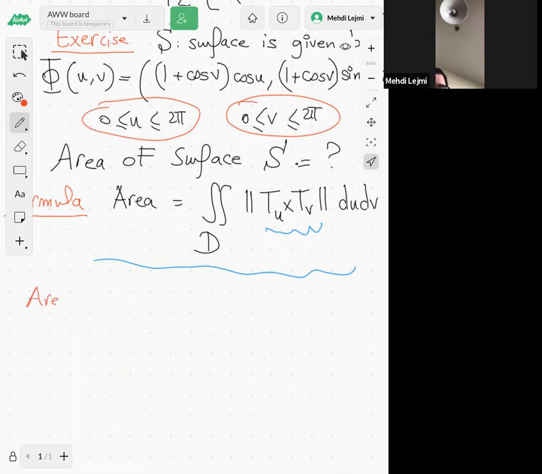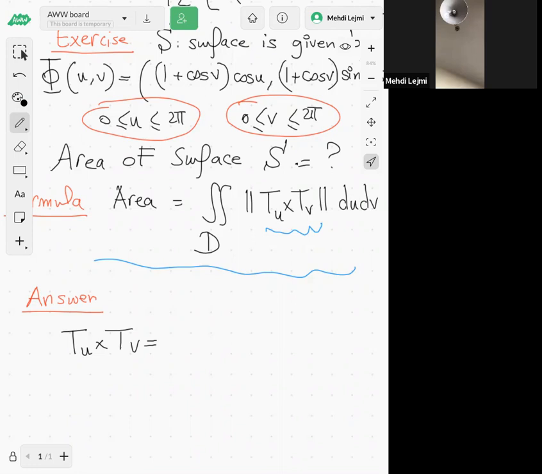So for the cross product, if I'm not mistaken, if you do T_u cross T_v, after simplification, you have to use the trig identity, cosine squared plus sine squared, probably twice.